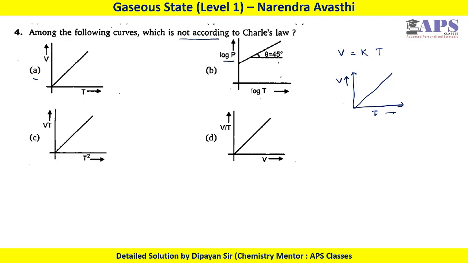So here we are varying P and T both, so this is one of the options which is incorrect. Again we can have V equal to KT. Now multiply by T on both sides: Vt equal to K into T square. So this is our y axis, this is our x axis, so this is again a plot of y equal to mx. So the Vt versus T square plot will give a straight line passing through origin.